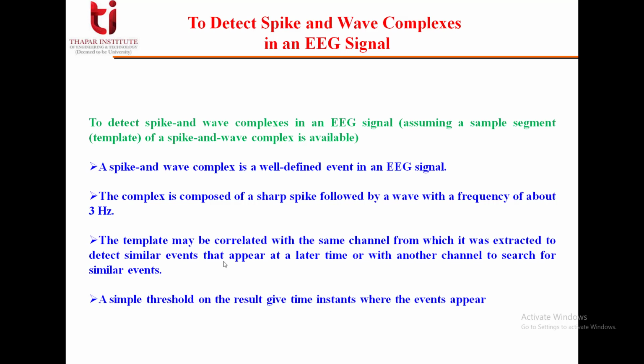So for the same channel we can use the autocorrelation function, and for a different channel we can go for the cross correlation function.